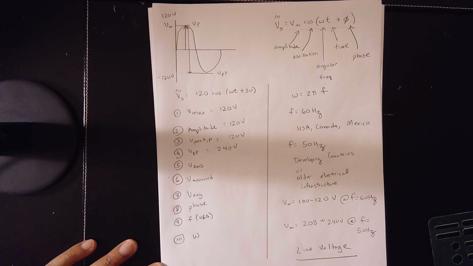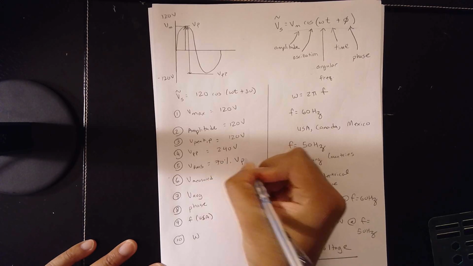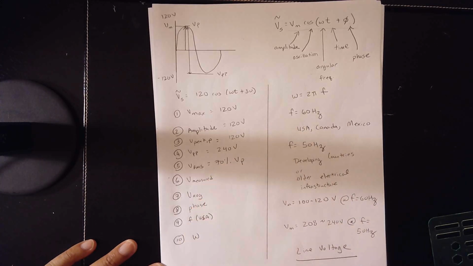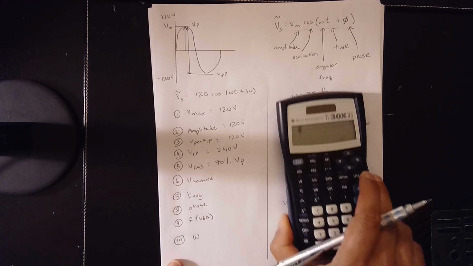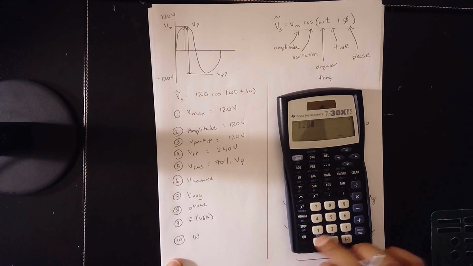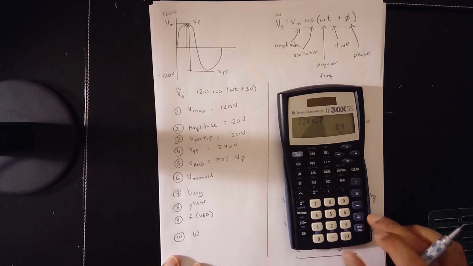What is Vrms? Vrms is roughly 70% of your peak voltage. How do I calculate 70% of my peak voltage in my head? You take 120 times 0.7, and you get 84 volts.